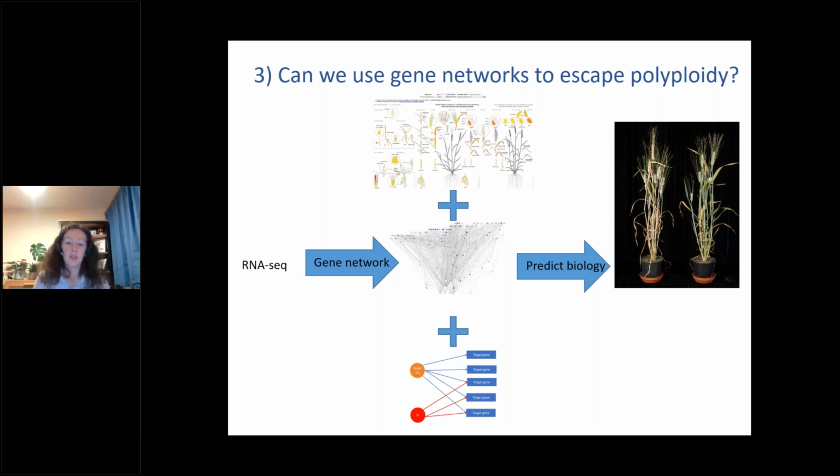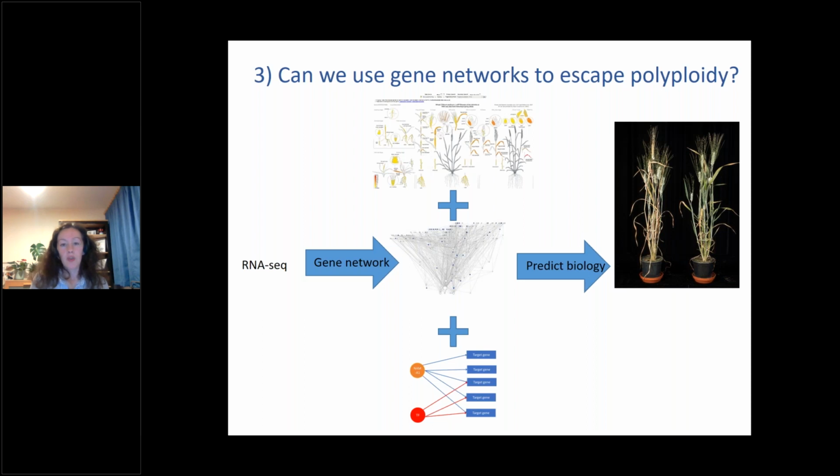And this approach isn't just applicable to senescence, it could be applied to other time series developmental traits, and also to traits such as abiotic stress tolerance or disease tolerance. Any trait which you can look at a time series of gene expression could, in theory, be explored using this approach.